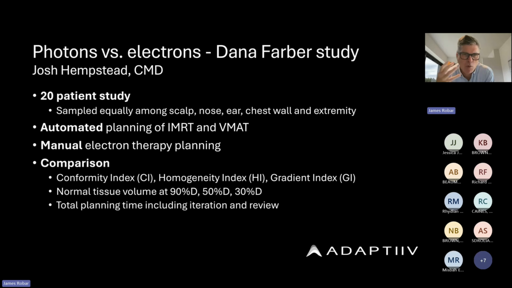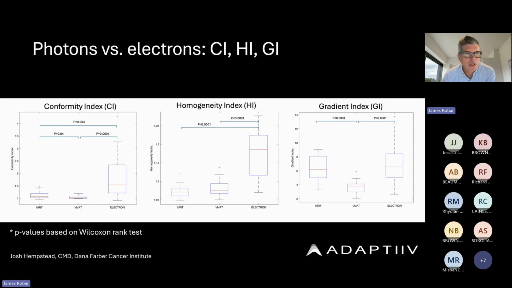And so this is real world data. This is really planning time until this dosimetrist felt comfortable with the plan quality and deemed it acceptable. And so if we look at these basic dosimetry metrics, we have IMRT, VMAT, and electron conformity index. This is the PITV definition of conformity index, not Paddock, so lower is better.